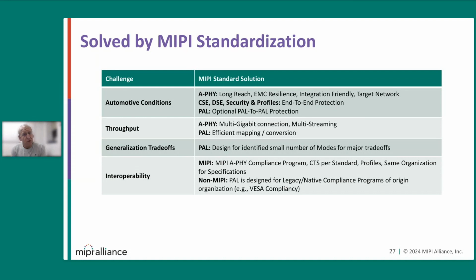And for the throughput challenge, again, the MIPI A5 standard is providing a multi-gigabit connection, which also deals with multi-streaming, and the adaptation layer provides efficient mapping between all of the relevant protocols that are being adapted to A5, and makes use of the throughput in an efficient way. And also, as we mentioned before, the generalization trade-off.